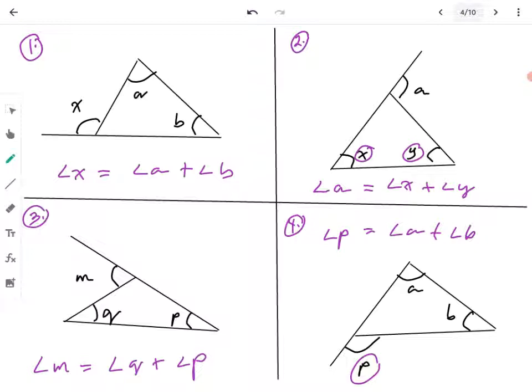So I hope that these 4 figures give us an idea of the relationship of the exterior angle and its opposite interior angles and their different locations in a triangle. So next, we're going to apply these equations in solving unknown quantities.